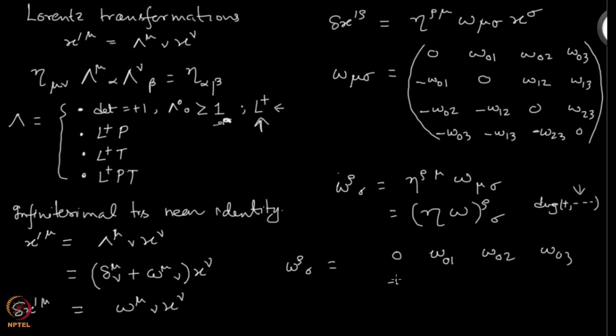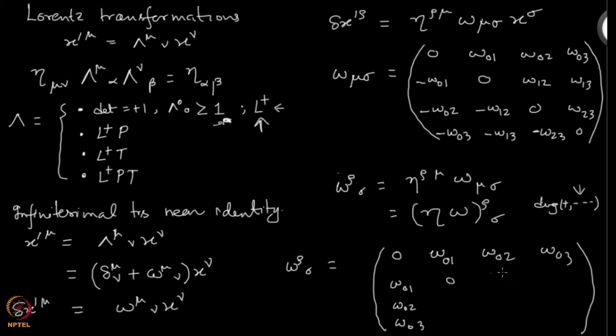So it will become omega 0 1, omega 0 2, omega 0 3. The signs have changed.